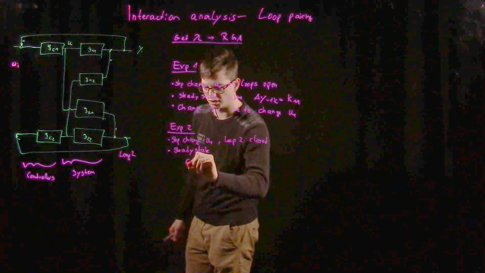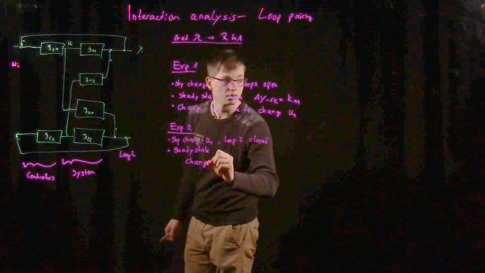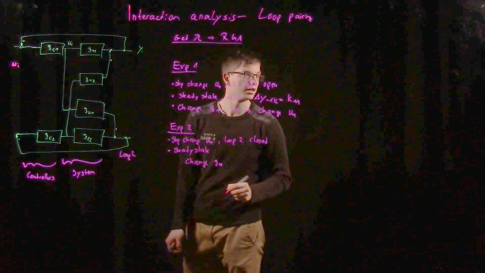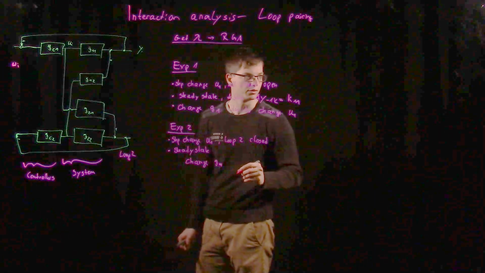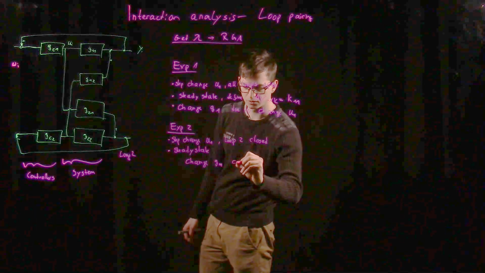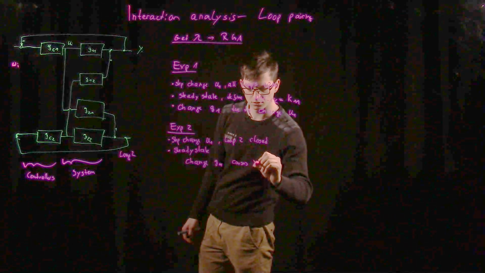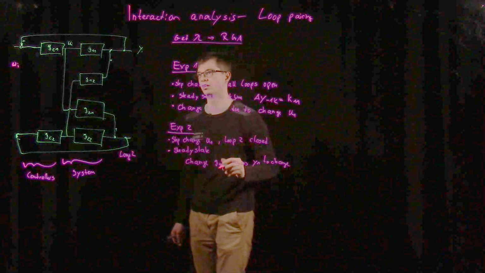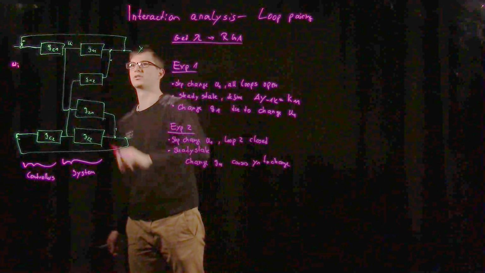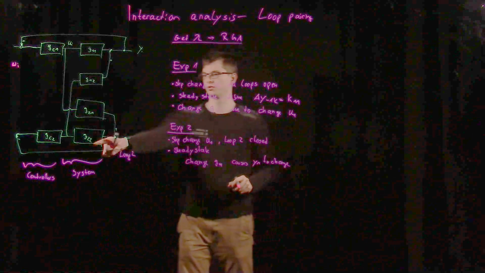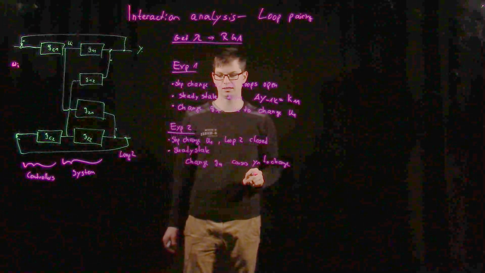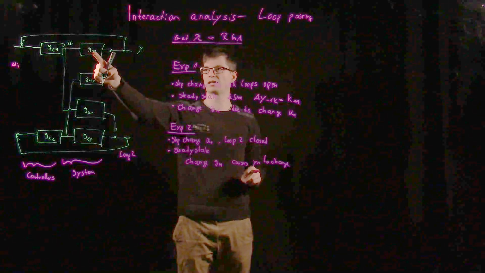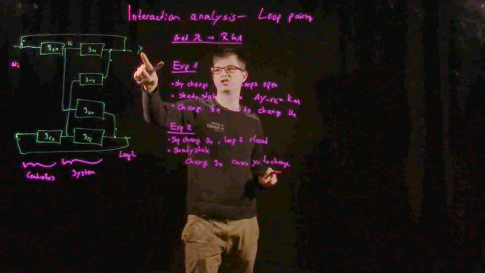A change in G11 causes Y1 to change. So let's imagine this loop is open, loop 2 is closed, and then we change G11. Then it is directly visible that you only change Y1.